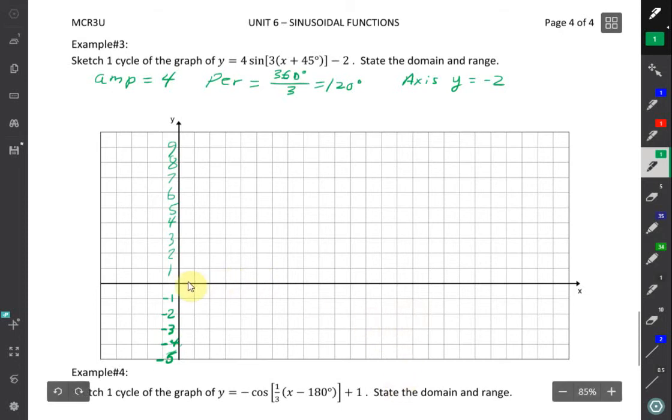Again, we have 24 squares here, and our period is 120, so we need to divide 120 into 4 parts. 120 divided by 4 equals 30 degrees. So we're going to have sections of 30 degrees. We also need to know how many squares that will be. So 24 squares divided by 4 equals 6. So every 6 squares will be 30 degrees.